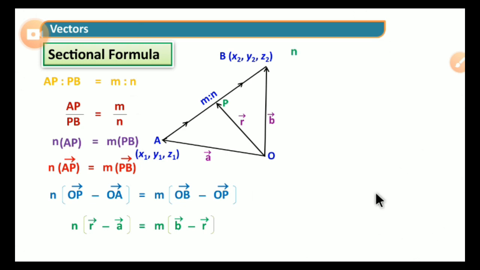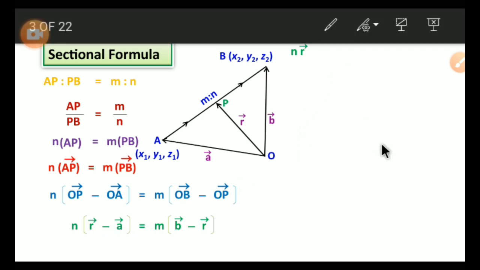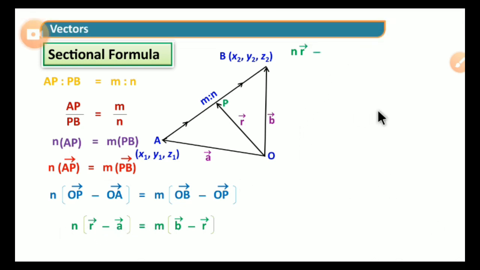In the next step, we multiply n to these two terms and m to these two terms in the LHS and RHS parts. So it becomes n into r vector minus n into a vector is equal to m into b vector minus m into r vector.